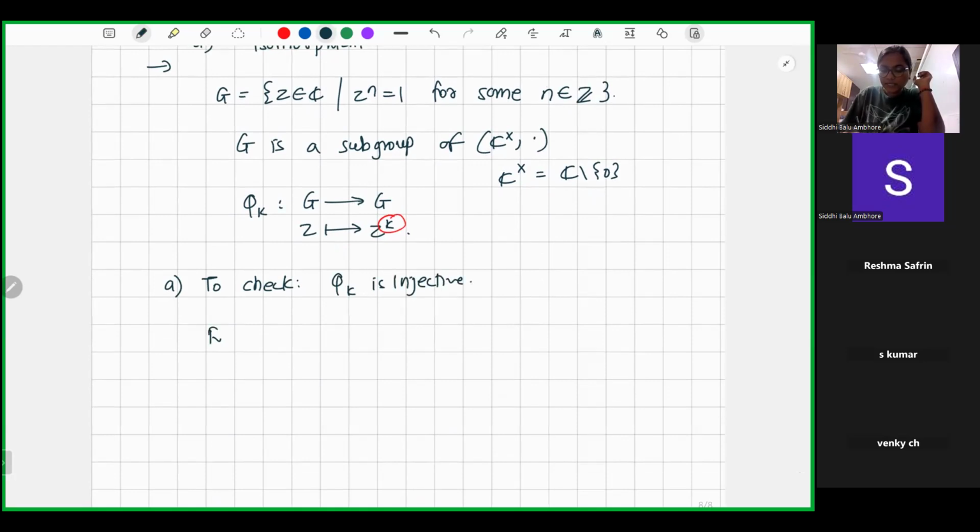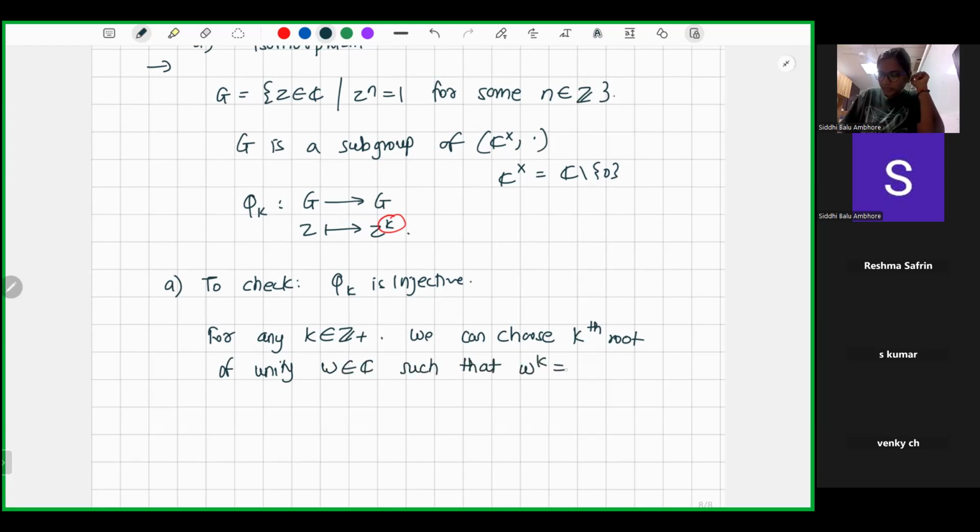So note that for any K in Z plus, we can choose a kth root of unity, omega, such that omega to the k is 1.